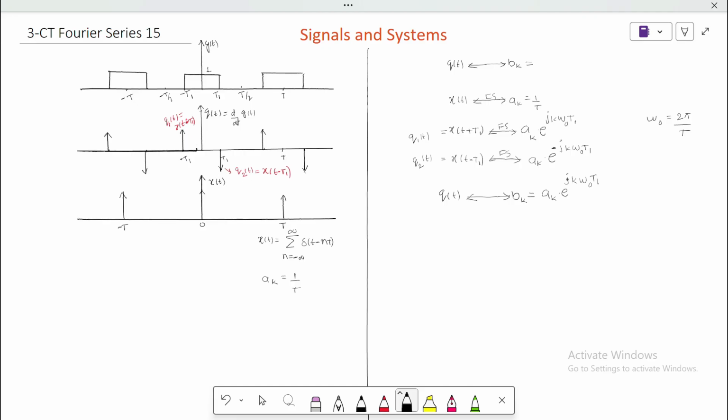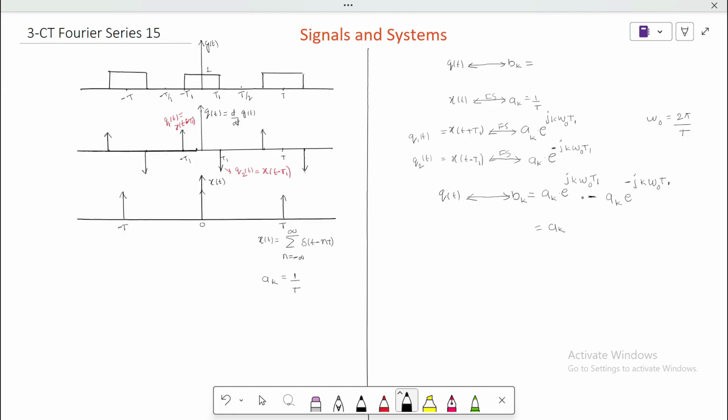Because q2 has the negative, here also we get the negative: ak into e power minus jk omega naught t1.